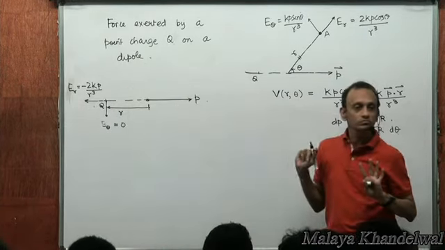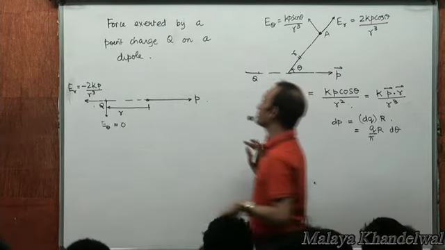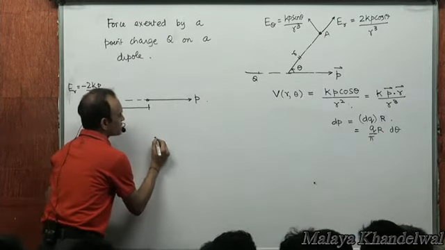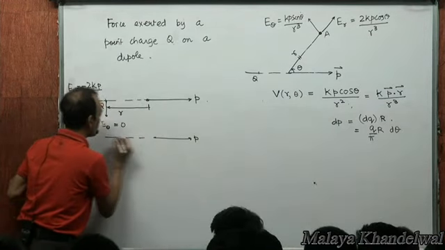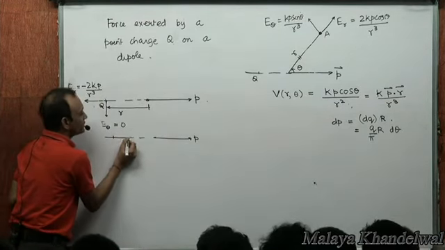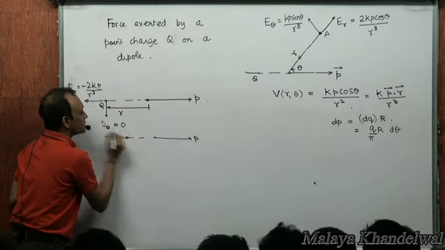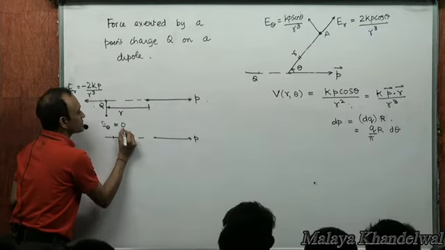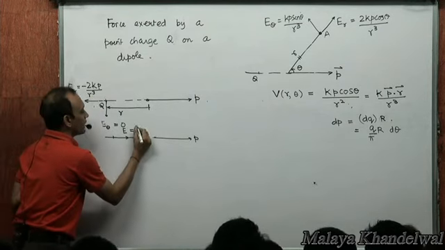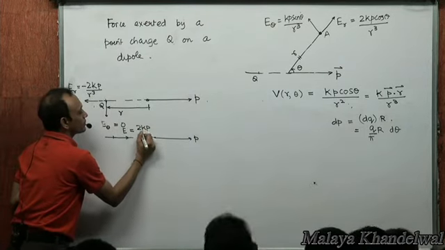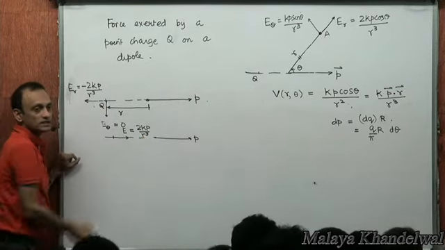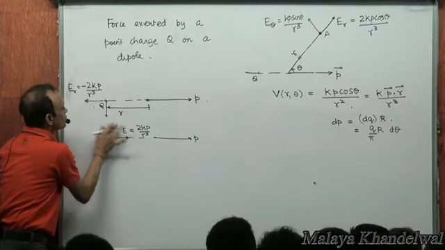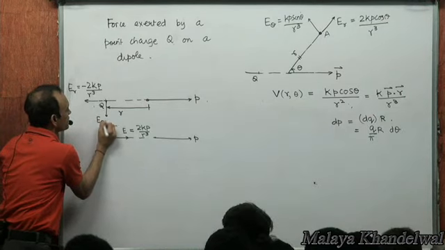Is that okay to do? So this is like saying there is a dipole p and the electric field here is in this direction, which is 2kp by r cubed. That's the net electric field because E theta is 0, theta being pi.